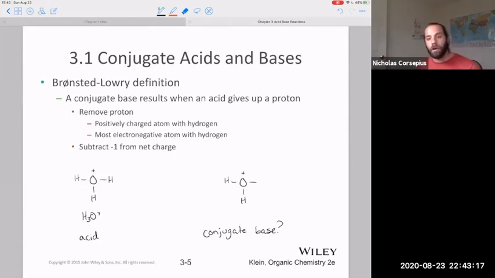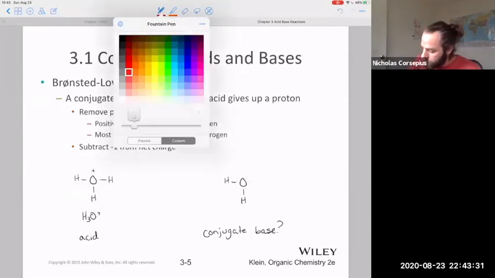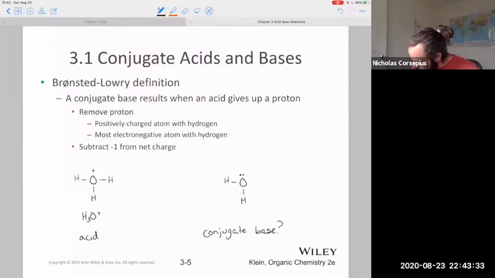So the net charge on your molecule has to decrease by exactly 1. In this case here, this pair of electrons ends up coming back to my oxygen, and so I get rid of that positive charge. There are 2 pairs of electrons. I should have drawn in my 1 pair over here, just to be good. Okay, but given an acid, we're able to find the conjugate base this way. So the conjugate base for the hydronium ion is just water.